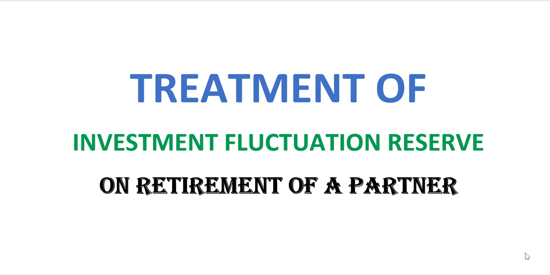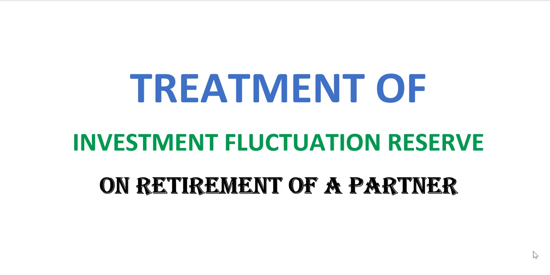On the other hand, where there is an increase in the market value of investments, the investment fluctuation reserve is not necessary and therefore it will be distributed among all the partners in OPSR at the time of retirement of a partner.